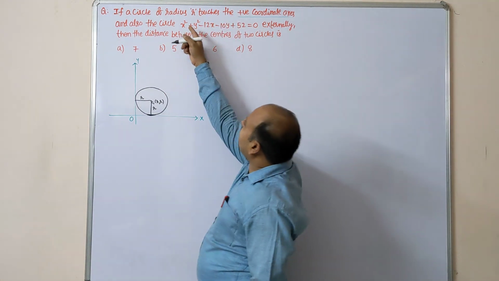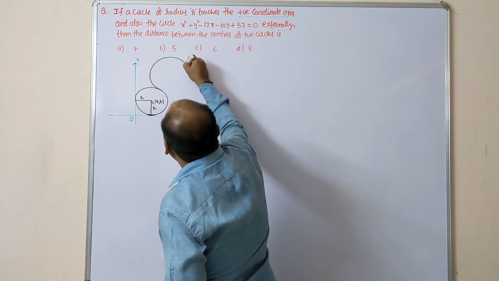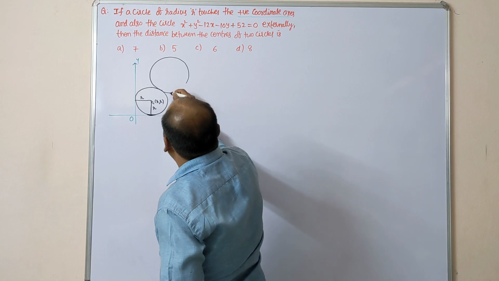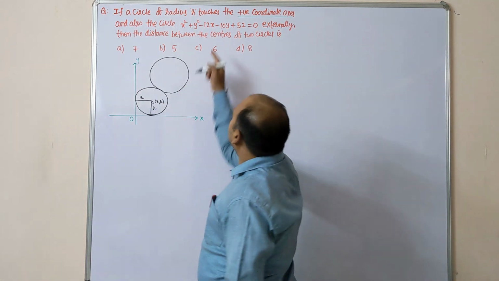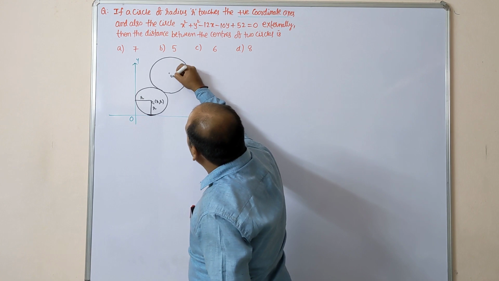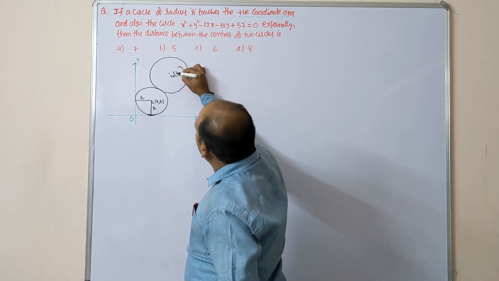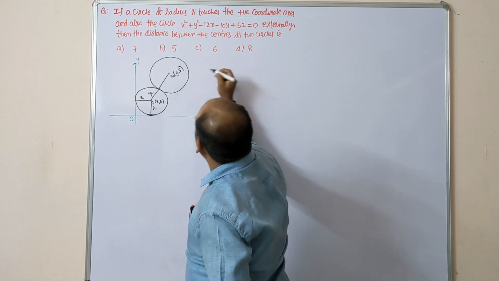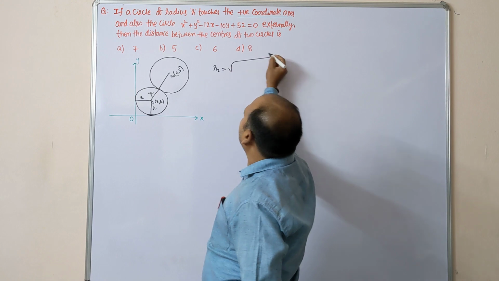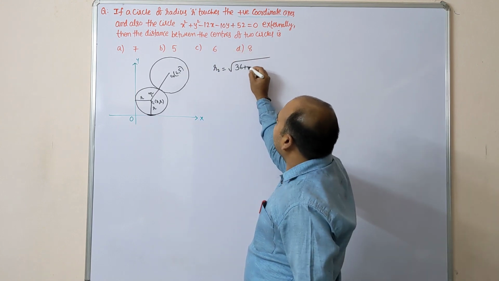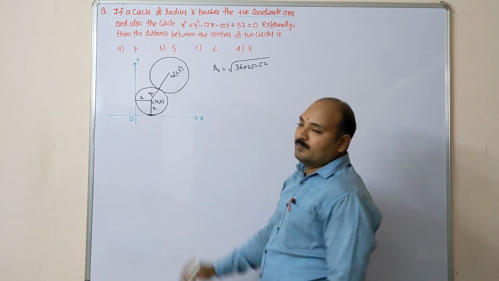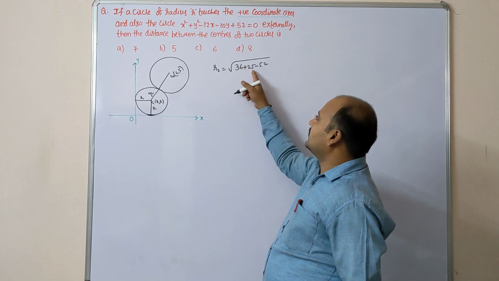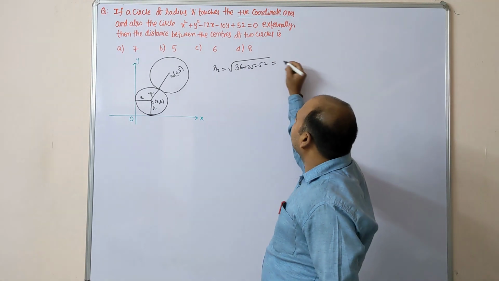Another circle touches externally. So this is the circle, another circle. It touches externally. What is this circle center? Second circle center is C2 (6, 5). From here to here, second circle radius R2 equal to root over 36 plus 25 minus 52. 61 minus 52, that means 9, no?